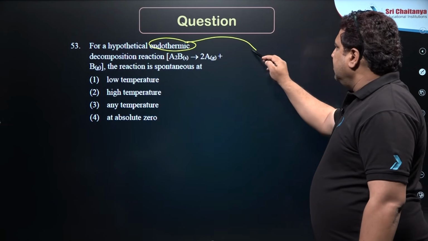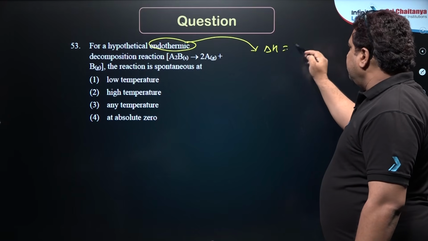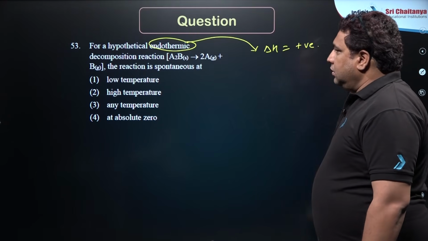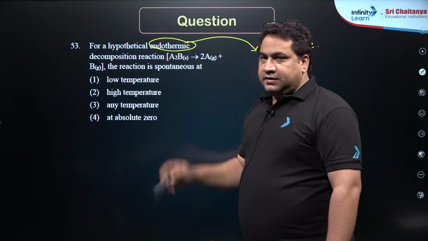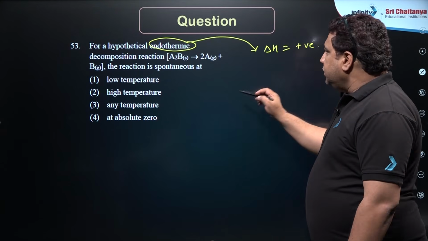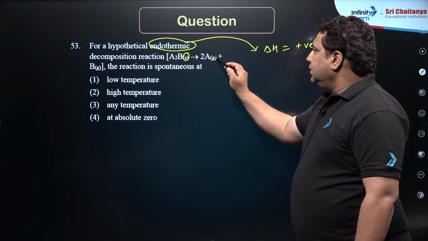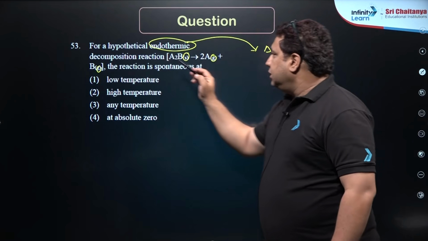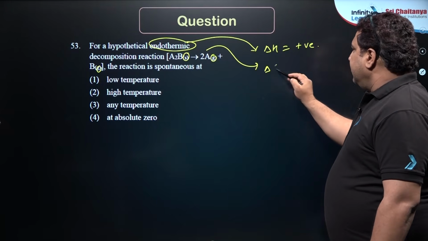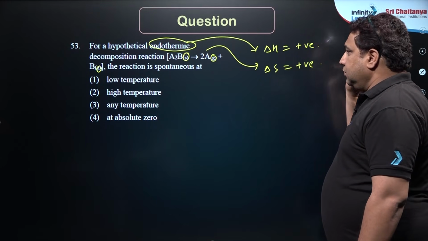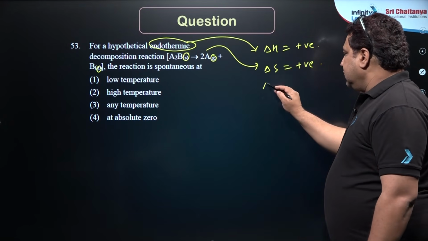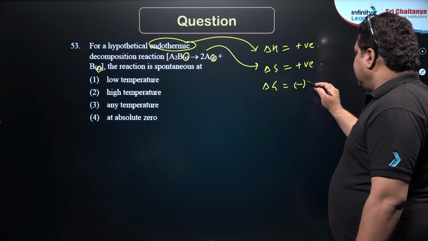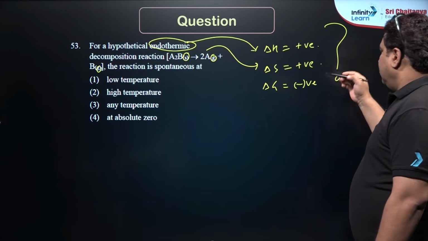For a hypothetical reaction, an endothermic reaction means delta H is positive. Decomposition reaction, A to B, solid gives gas. Everybody can see solid is becoming gas. So for this reaction delta S is positive. The reaction is spontaneous, so you want to make delta G negative. Then how?